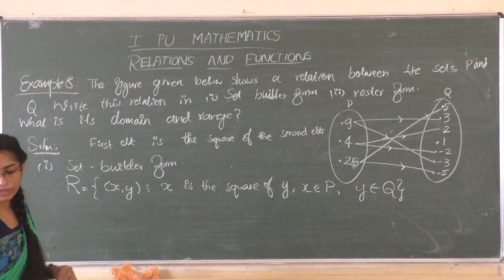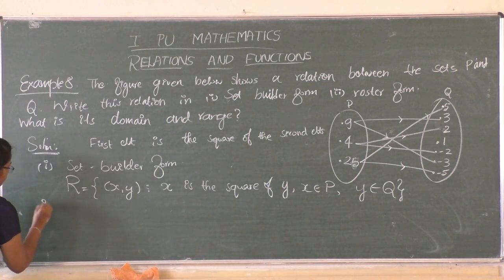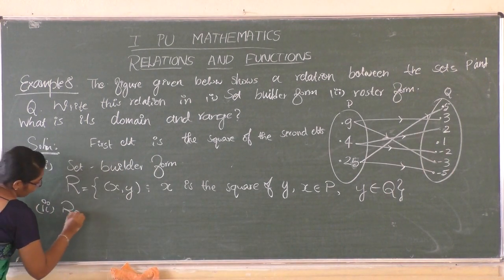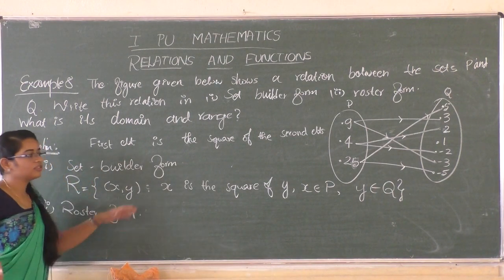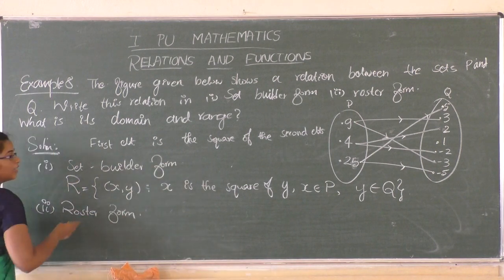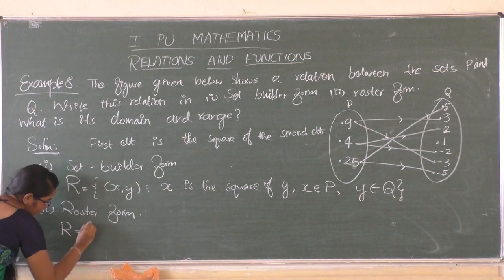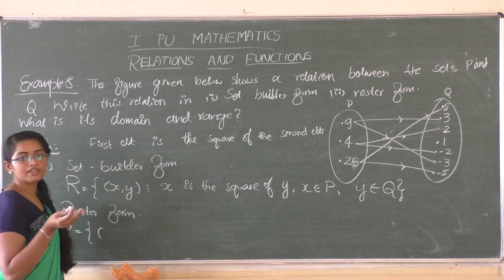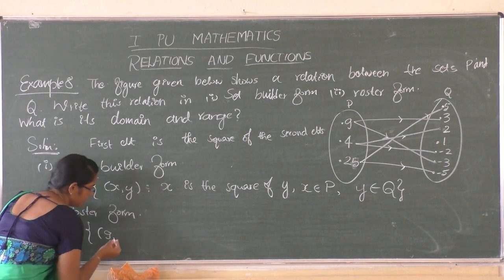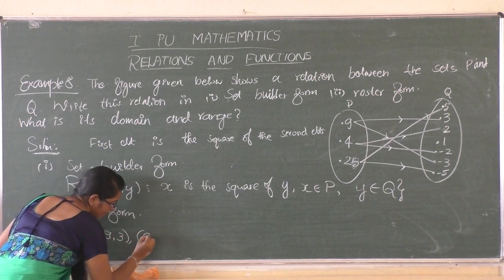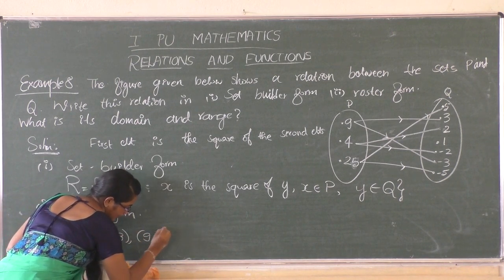Now you need to write this in roster form also. In roster form, list out the elements by looking at the arrow diagram. Tell me, what are the elements here? (9, 3), (9, minus 3).